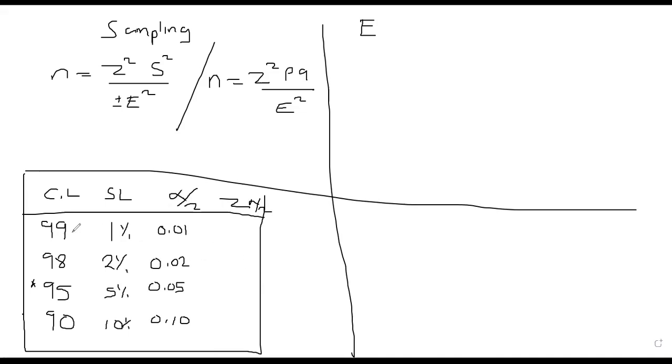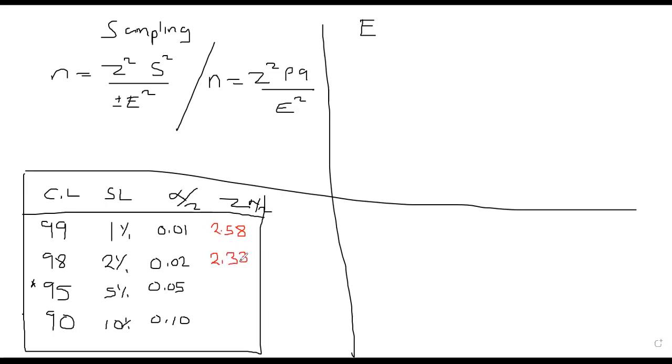The Z for 99%. Who can remember? What is Z for 99%? 2.58. The Z for 98, 2.33.